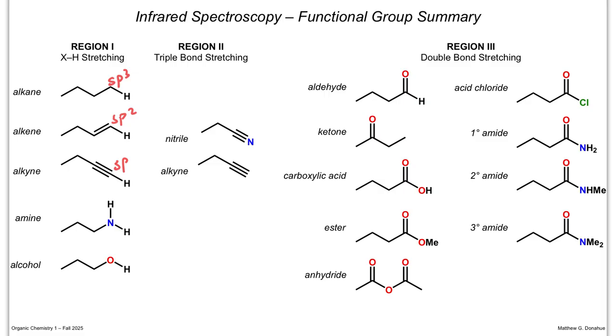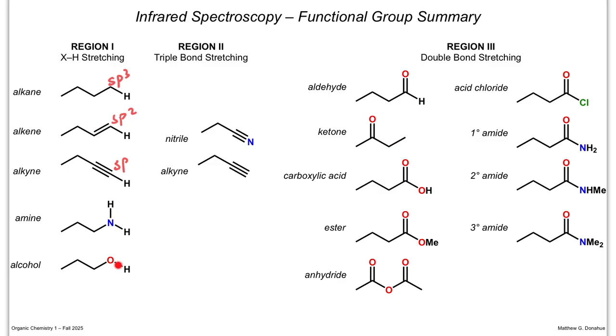I'll tell you one thing. Every molecule has sp3 hybridized carbon H stretching, so that's not diagnostic for anything. You're always going to see that. So it's not really telling you anything you don't already know.